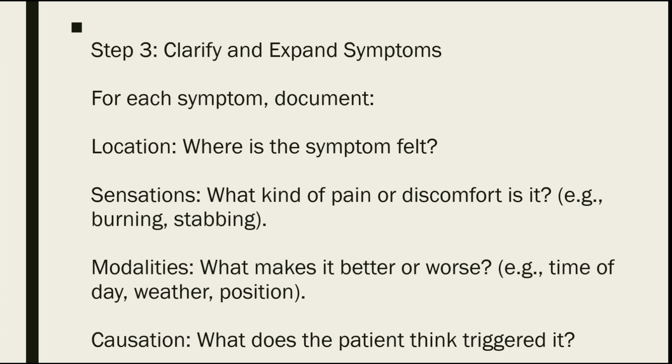Second one is sensation. What kind of pain or discomfort is it? For example, burning, stabbing. If you ask, do you have pain? The patient will say, yes, I have pain. So you should ask what kind of pain you are having. You shouldn't ask, do you have aching pain? Instead, ask what kind of pain you are having. The patient will say, I have burning pain, or I have aching pain.